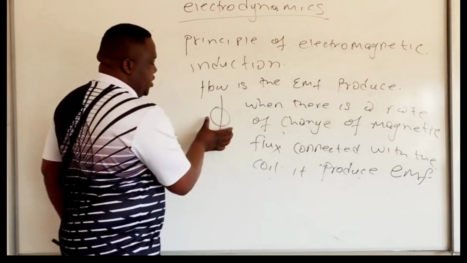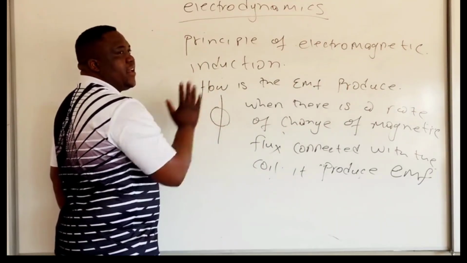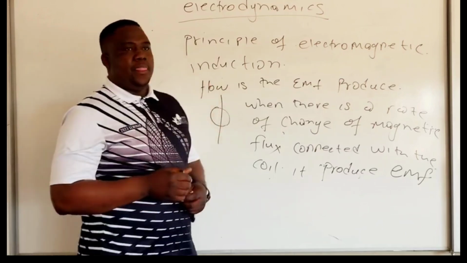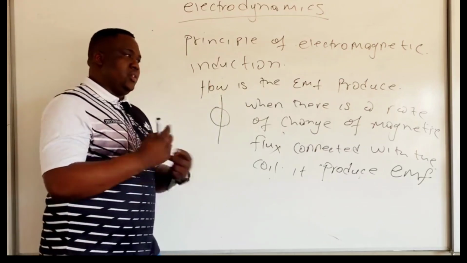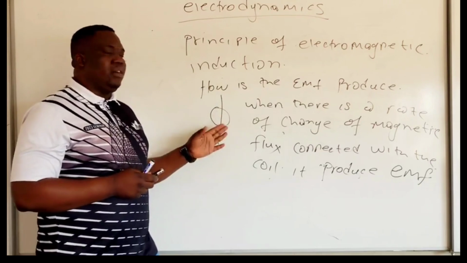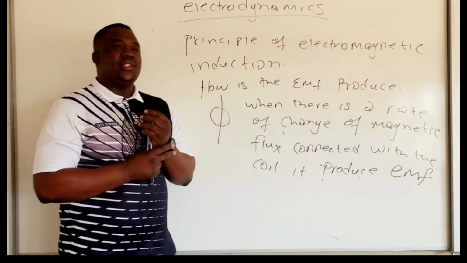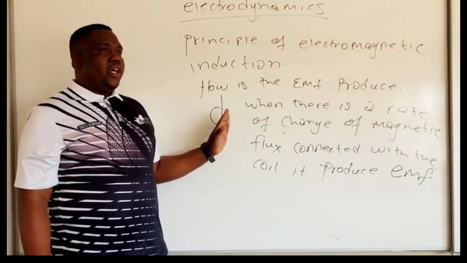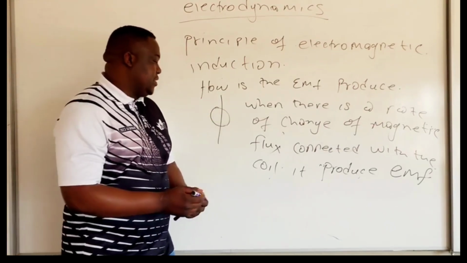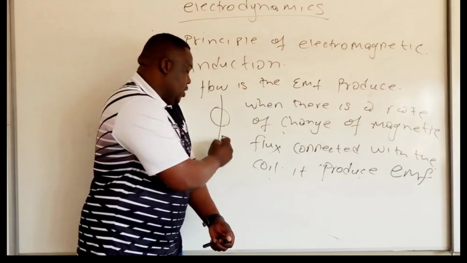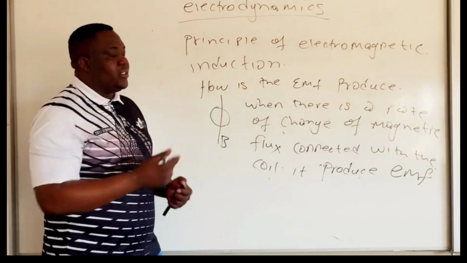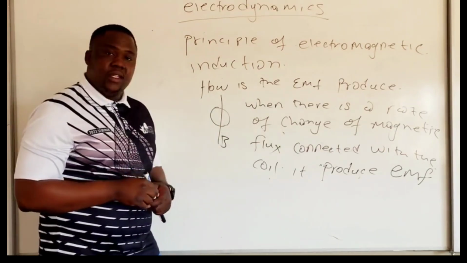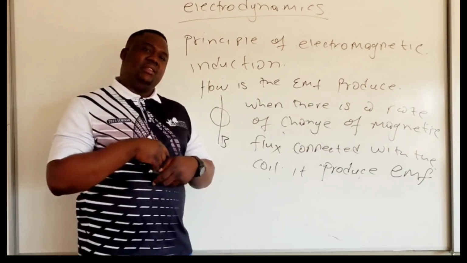We use this symbol, we call this symbol phi, of which we won't do many formulas of calculating magnetic flux in this topic of electrodynamics. We get to calculate the magnetic flux for these things in the content of grade 11.